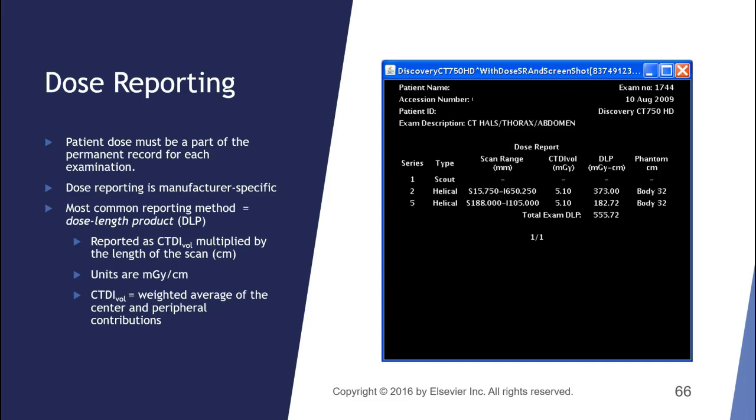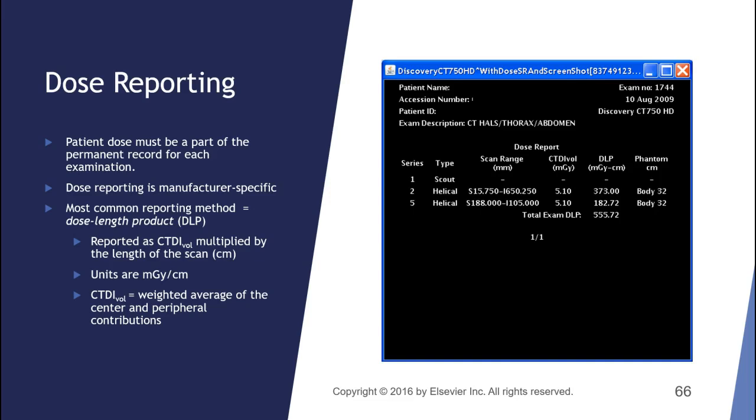It is broken out into the axial scans. I call them axial, but they're actually the transverse scans. These were done helically, okay? And this second series, series 2, was the first helical scan that they did from S15, which is where it was landmarked, down to I650, and that dose was 373 milligrams per centimeter, okay?